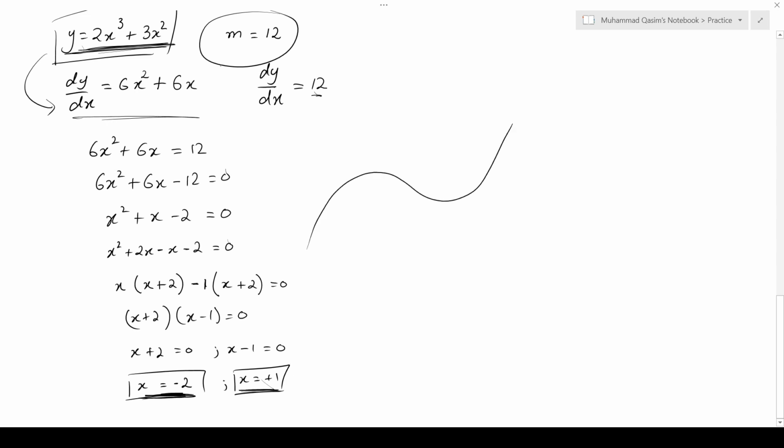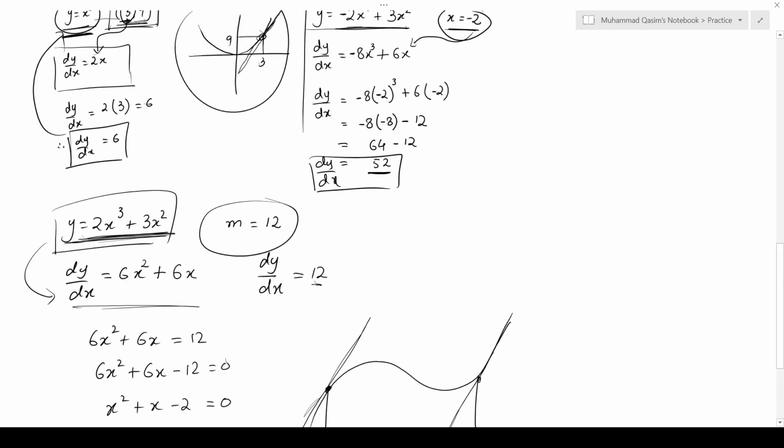Now it is going to have a gradient of 12 at two points, one here, which is going to be negative 2, and one here, which is going to be positive 1. So this is how you are going to solve the questions.